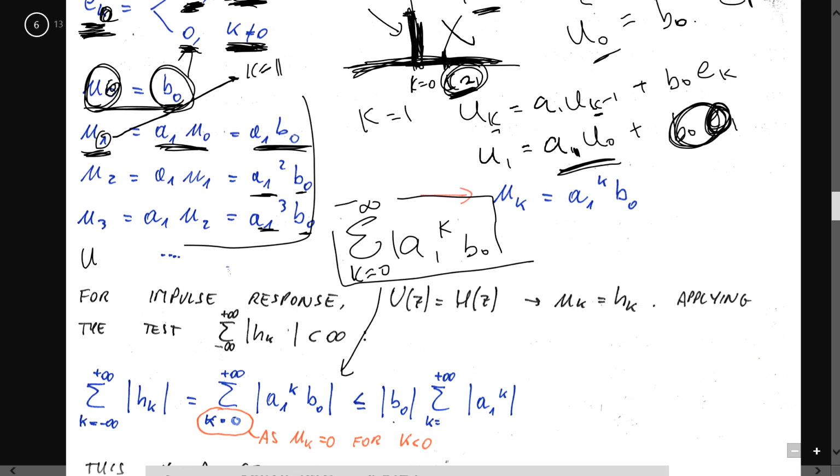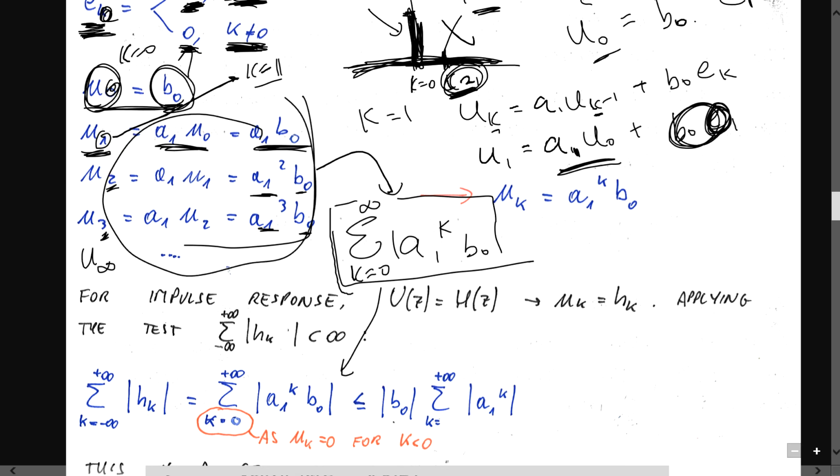I should say that when k equals 0, k equals 1, k equals 2, k equals 3, all the way to k equals infinity, this whole range is summarized within this notation.